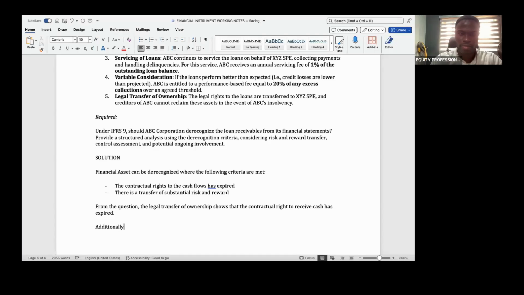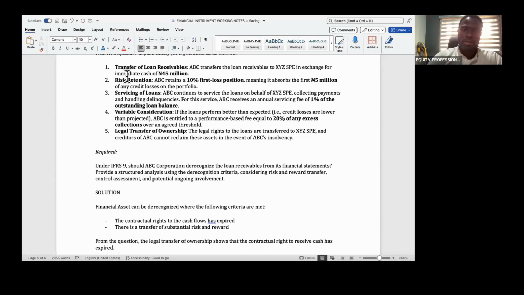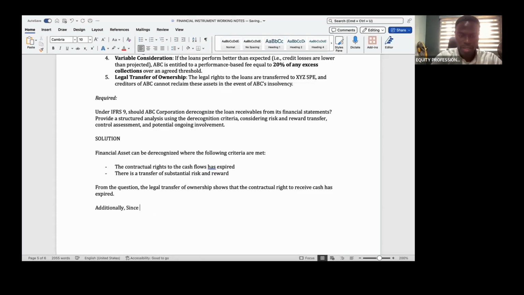Additionally, since ABC Corporation retains a 10% first loss position, which shows that in case of credit loss, the entity will bear a significant credit risk.